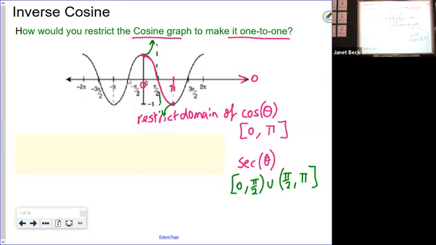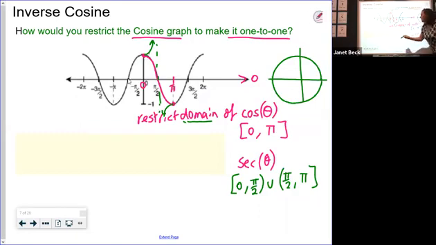Now there's no way you can just remember all that. Well, you could. It'd be very boring to have to remember all that. You need to know these restricted domains to answer any of the questions at all. So let's find an easy way of doing it. If I put this on a circle, going all the way from 0 to 2 pi, I would be starting at angle 0, which is here, and going around there to pi.